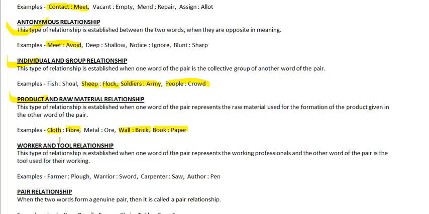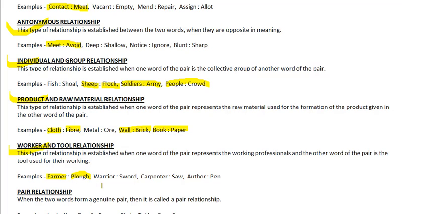Next, worker and tool relationship. In this type of relationship, the professional is related with the tool they use for their work.